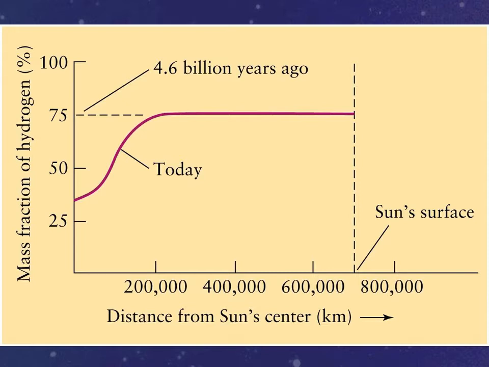Well, now at the outer part of the star, it's still about 75% hydrogen, but in the core, near the middle of the sun here, where you've been doing all the fusing, you have less hydrogen.